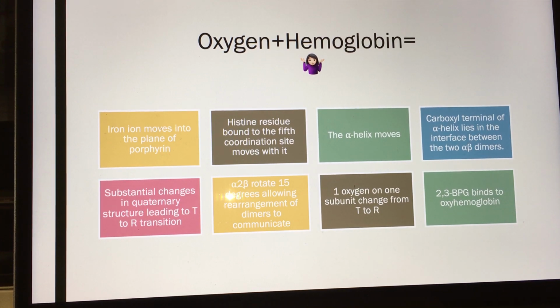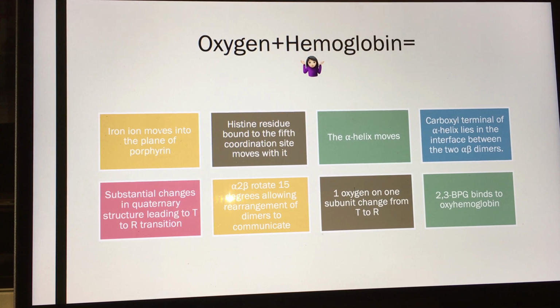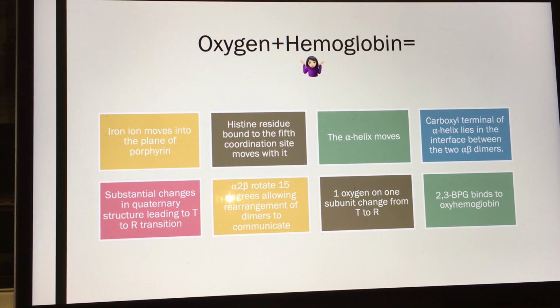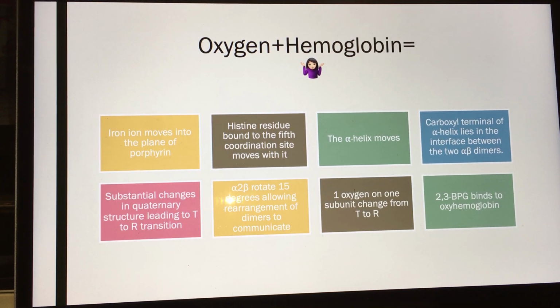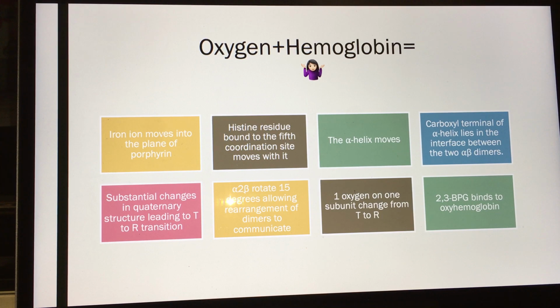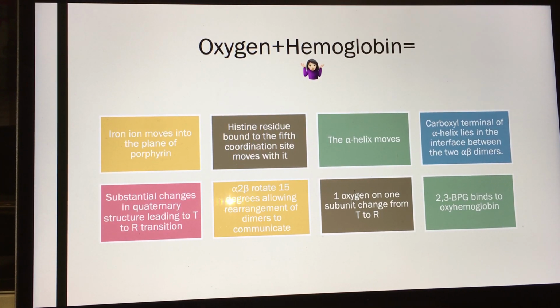The histidine residue bound to the fifth coordination site moves with it. It forms kind of like an alpha helix. Then the carboxyl terminal of the alpha helix lies in the interface between the two alpha-beta dimers.